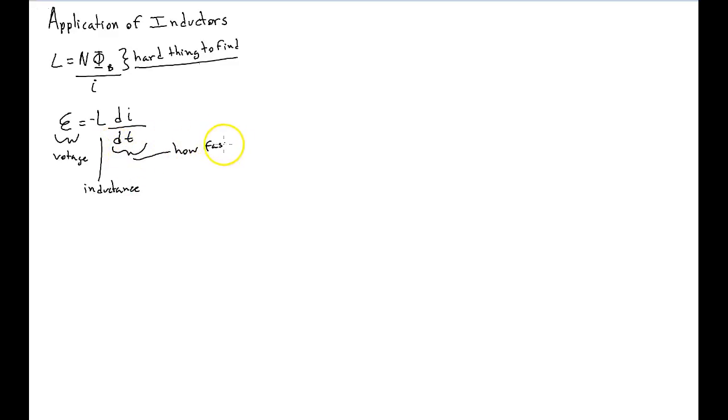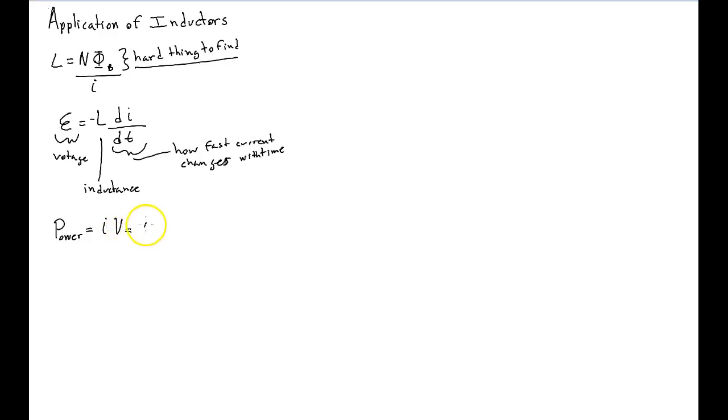Now, do you remember the equation for power for an electrical device in terms of the current and the voltage? Right, power is equal to I times V. In this case, it's I times the voltage across the inductor.